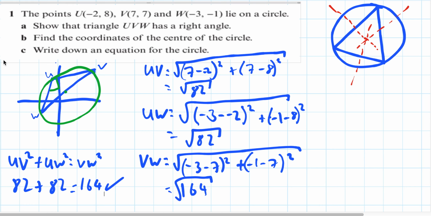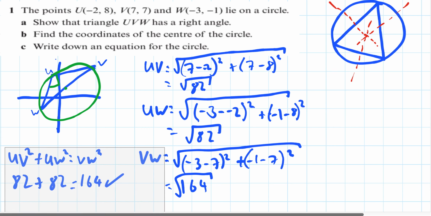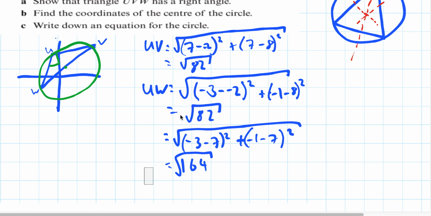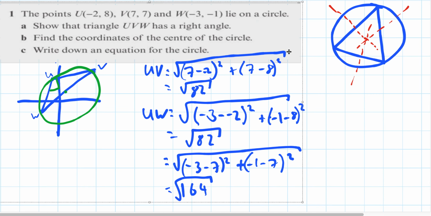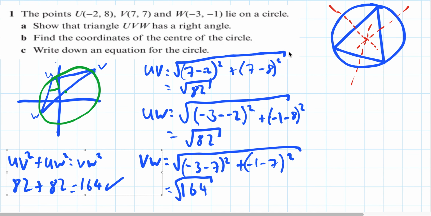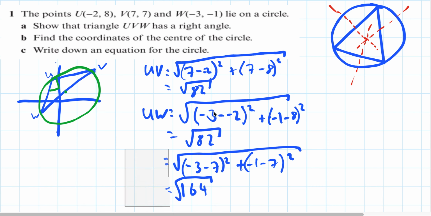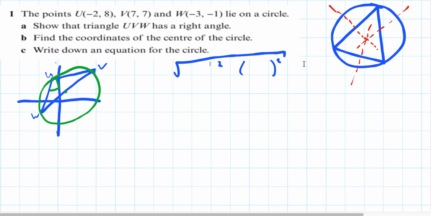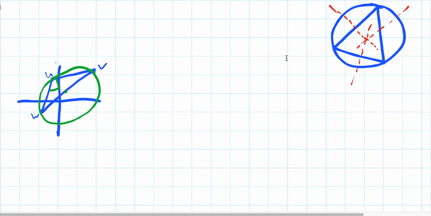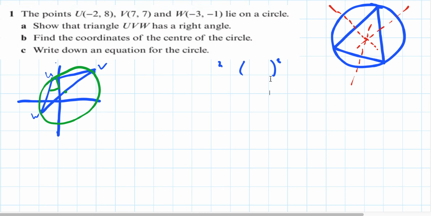Okay, so I'm just going to get rid of question 1 before I move on. Get rid of all of this. Okay, so number 2, we're going to look at the midpoint.